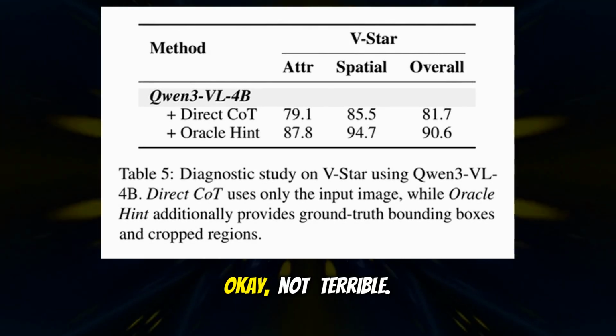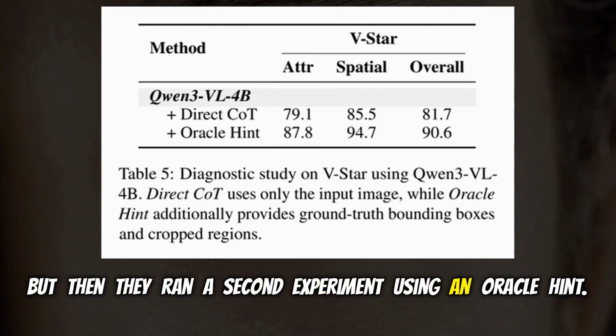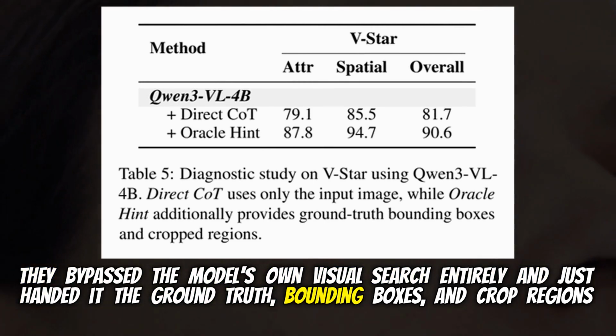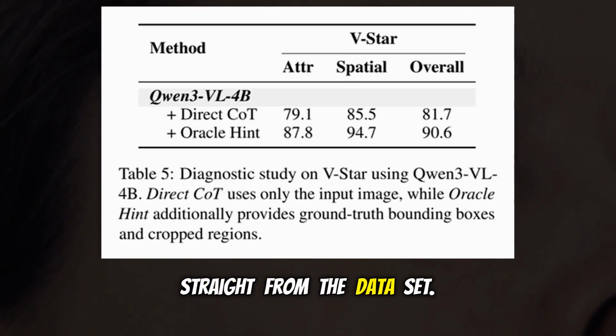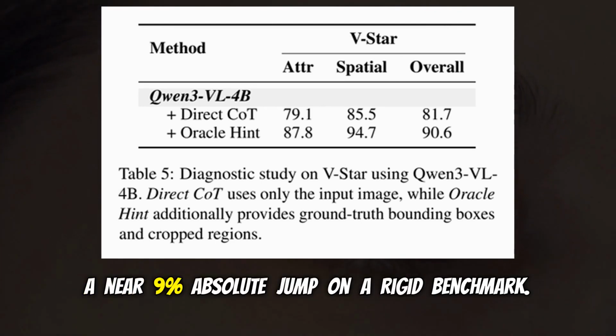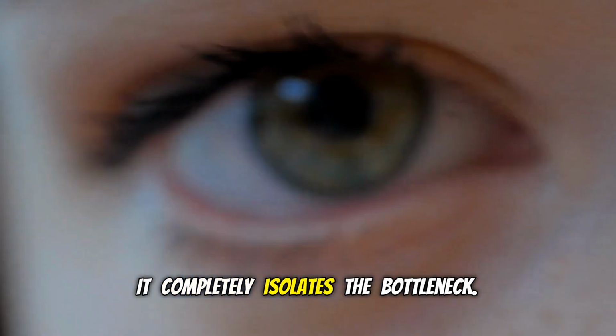It scored 81.7%. Okay, not terrible, but then they ran a second experiment using an oracle hint. They bypassed the model's own visual search entirely and just handed it the ground truth bounding boxes and cropped regions straight from the dataset. And the performance shot up to 90.6%. Right, a near 9% absolute jump on a rigid benchmark. It completely isolates the bottleneck.